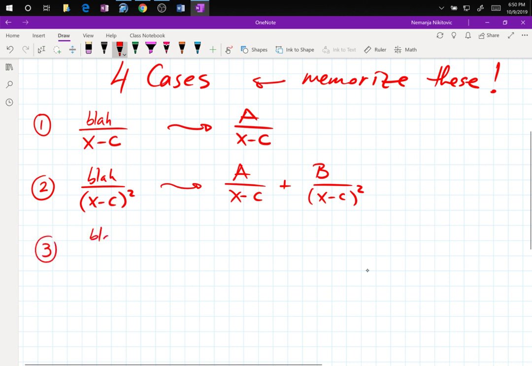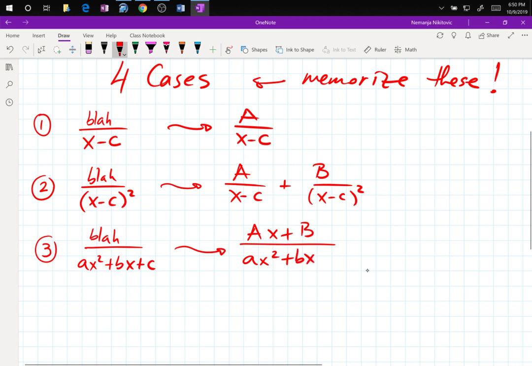Number 3, if you have blah over ax squared plus bx plus c, which is a quadratic that you cannot factor any further, it is going to be Ax plus B over ax squared plus bx plus c. Make sure that capital A and lowercase a are not the same number. They're not the same constant.